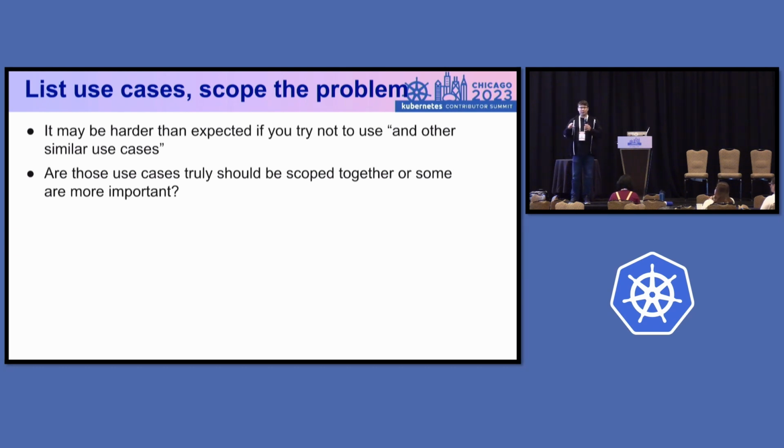So if you put yourself in a position where you are not allowed to use the statement "and there are other use cases," and you need to really list all the use cases, you get yourself into a very interesting position. Then you realize that all the use cases are a little bit different. So service mesh needs to terminate really fast when the main container completes, because it doesn't need to do any cleanup.